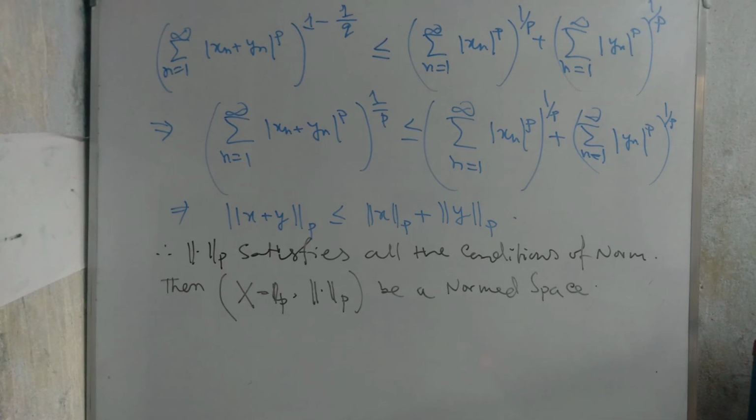We denote it by C to the power k of [a, b] to R. Then we also discuss this space, and also discuss Holder's and Minkowski's inequality in C[a, b]. So today we stop here.